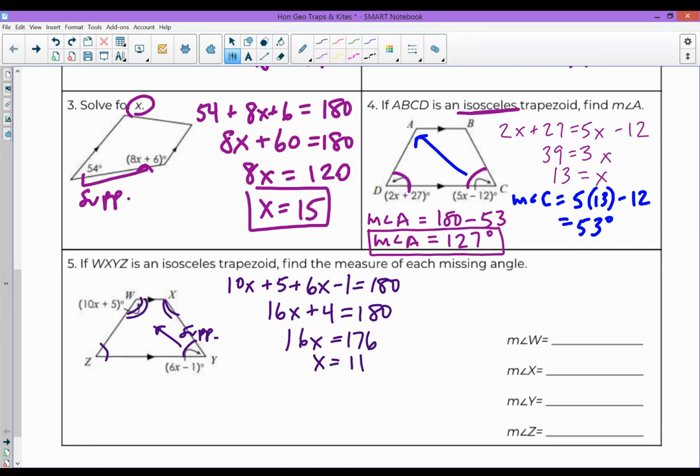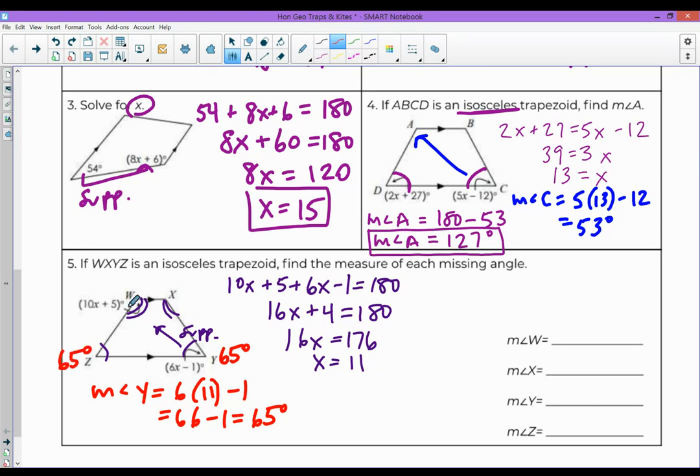x equals 11. So then if I substitute that in, the measure of angle Y is going to be 6 times 11 minus 1, 66 minus 1, 65 degrees. So this angle is 65 degrees, so that means that angle is also 65 degrees.